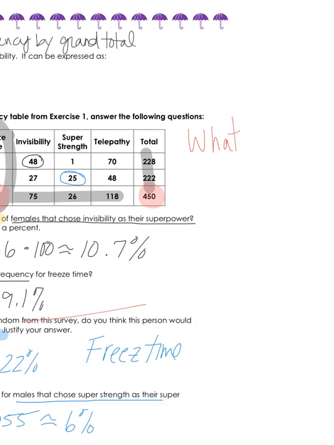Let's say it said, what percent of males prefer invisibility?